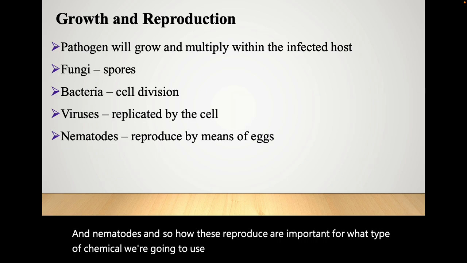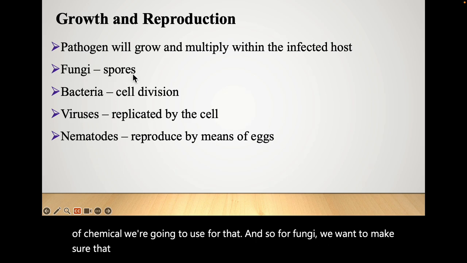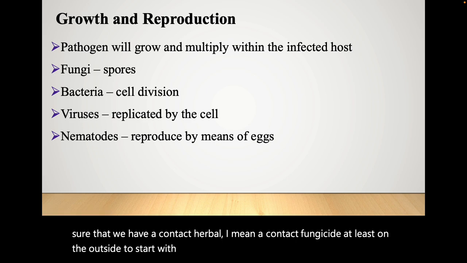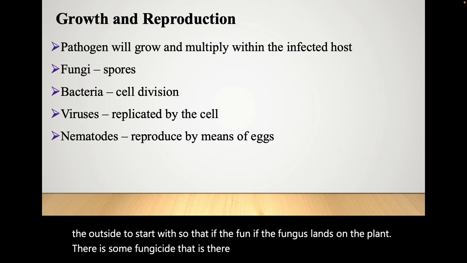For fungi, we want to make sure that we have a contact fungicide, at least on the outside to start with, so that if the fungus lands on the plant, there is some fungicide there to kill it before it starts its thing.